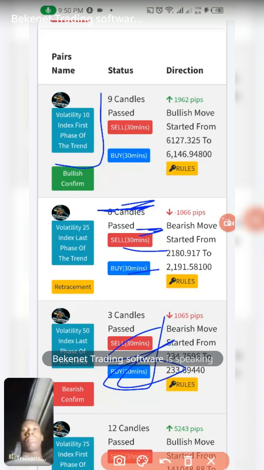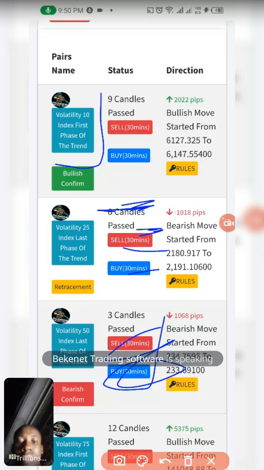We are using 30 minutes as our sniper entry against a higher time frame. So if our higher time frame tells us a bullish move, we enter when the 30 minutes starts a bullish move.